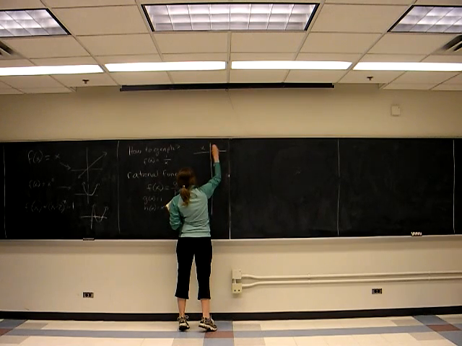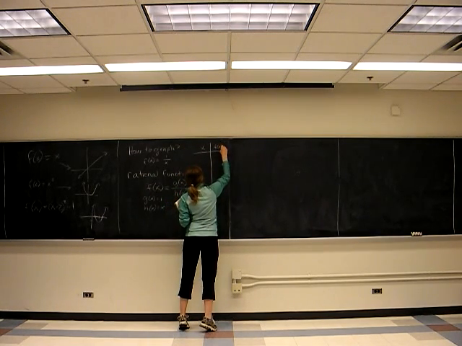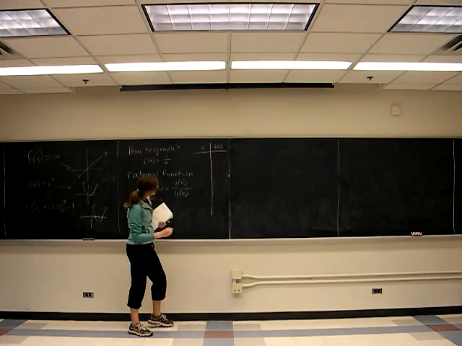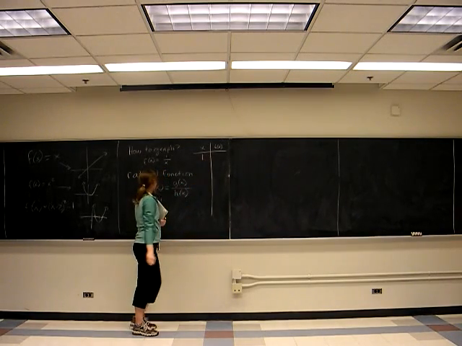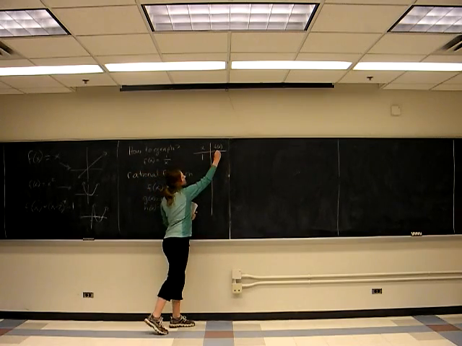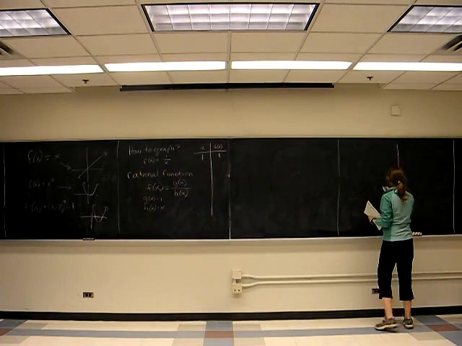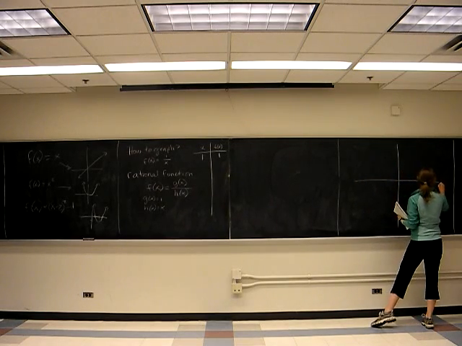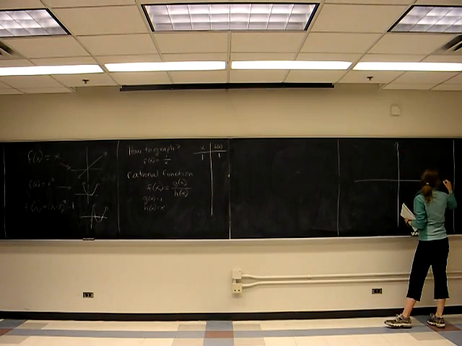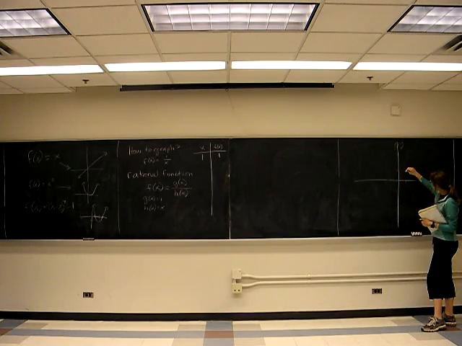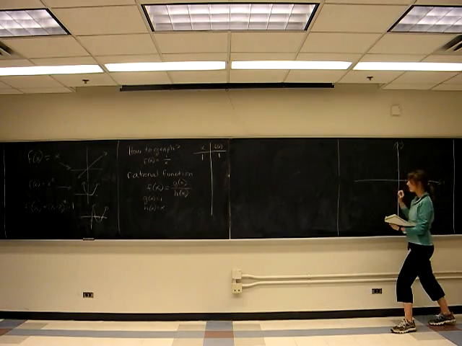So we have x, and we have f of x. All right, so we have x equals 1. 1 over 1, that's 1. So we come over here and we have 1 and we have 1. So we have this spot right here.